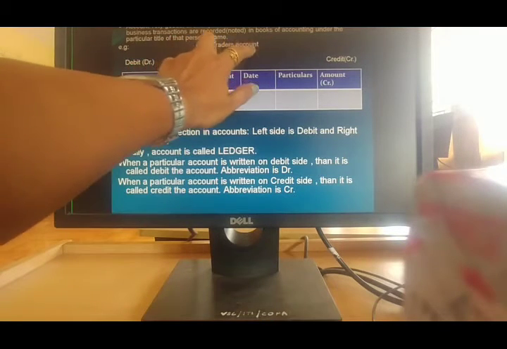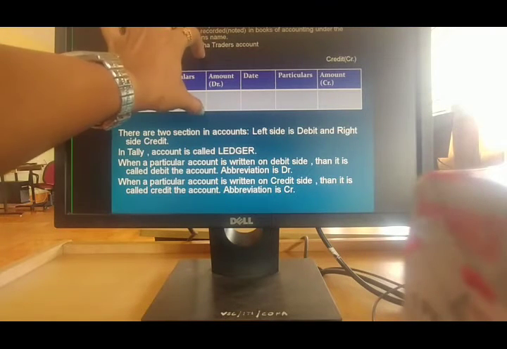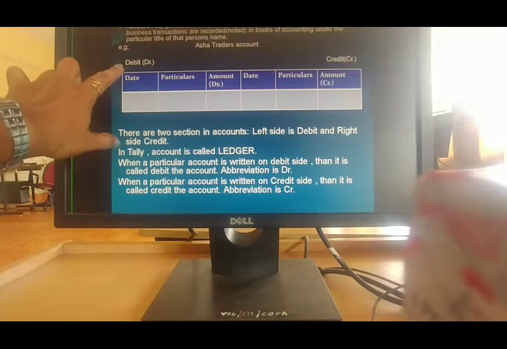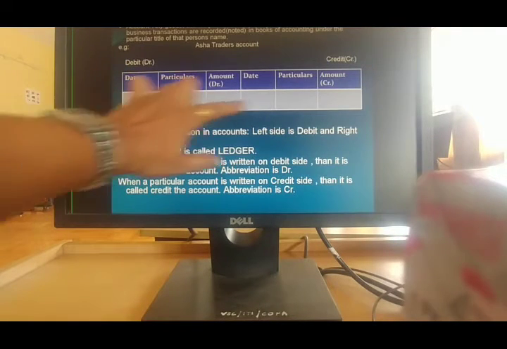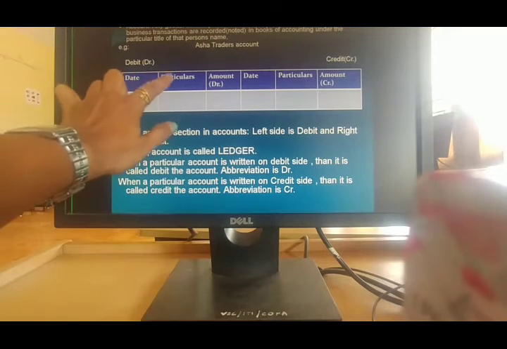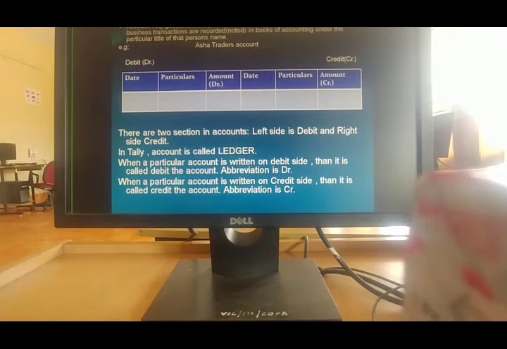So the Asha Traders account has been created, which in Tally is called a ledger. In accounting books it is written like this. You have a table, and in that table you have a date column, the second column is particulars, and the third column is amount.